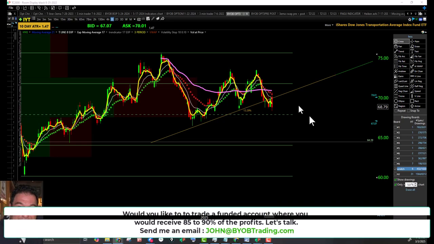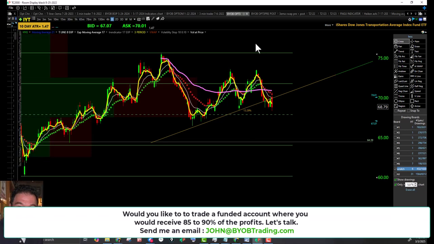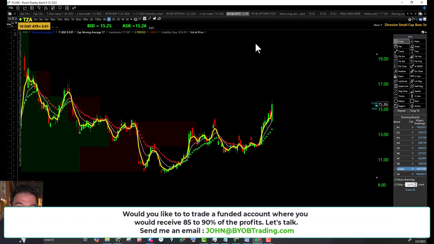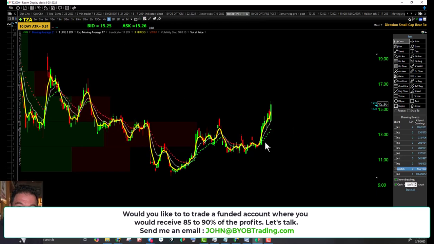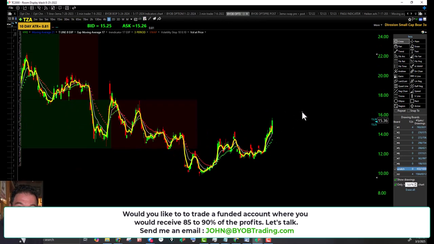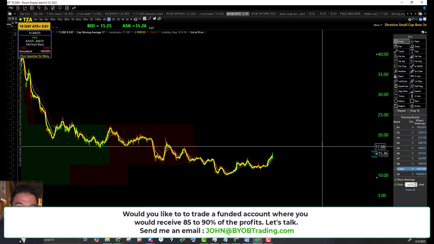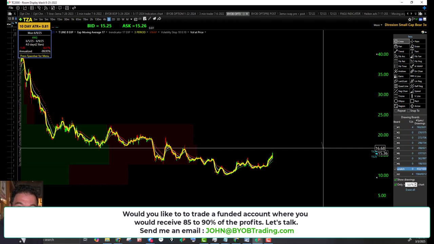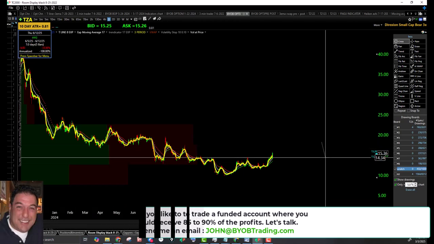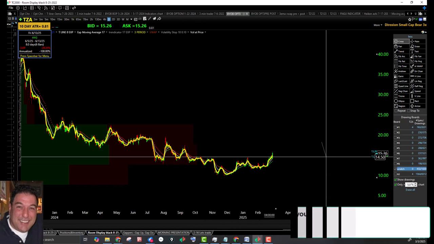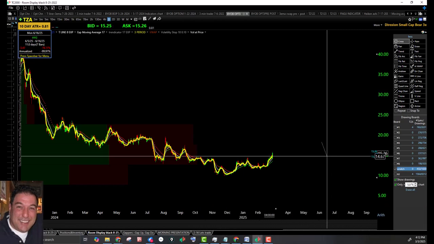Thoughts on TZA? On the daily chart, you got a higher low, you made a higher high. You're coming into resistance right here at 1668, and you're kind of sitting on support right there.